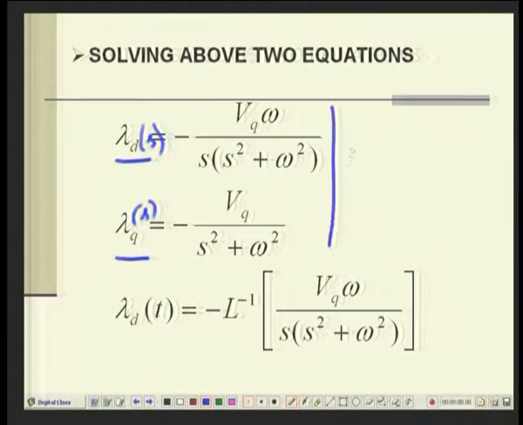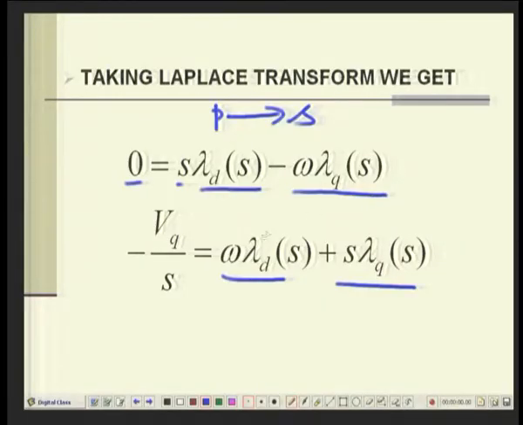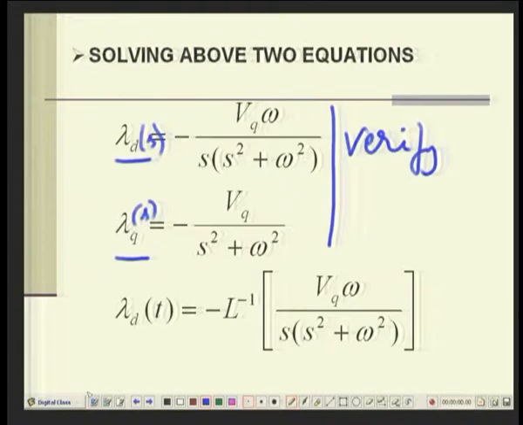So, you have to verify this. I mean, that is not a big deal, because these are the unknowns, lambda d lambda q's, right, and all others are known. So, you can find out lambda d lambda q.